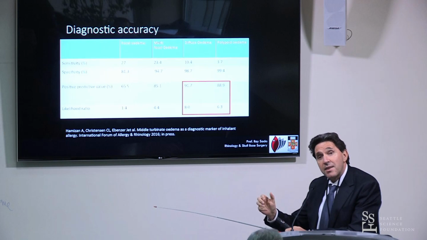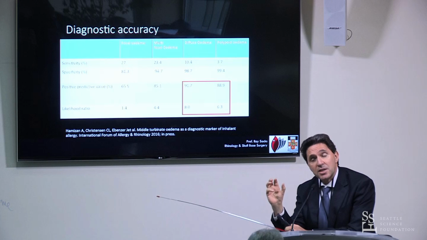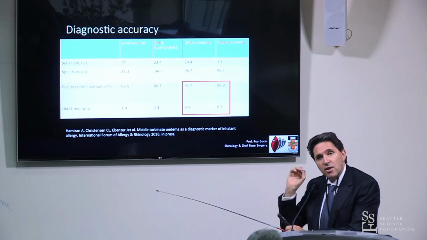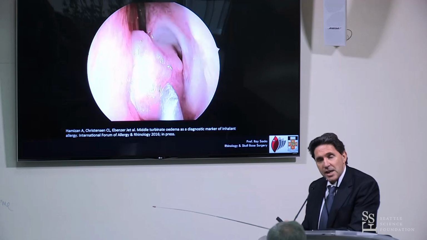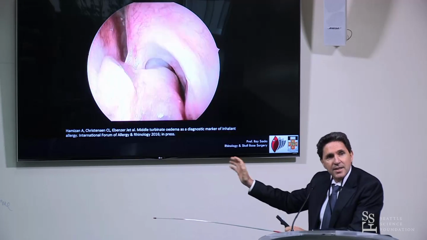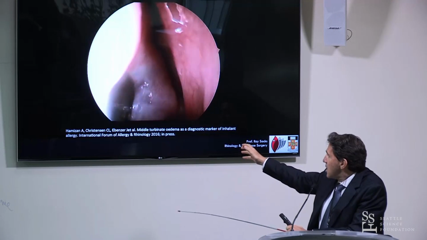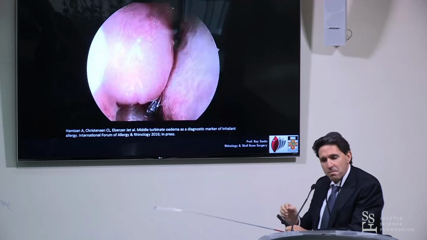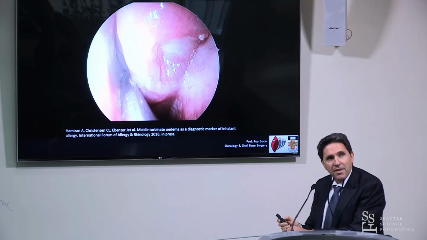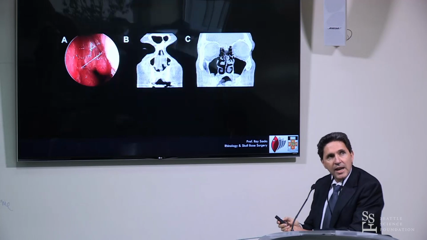It doesn't mean that if you don't have middle turbinate edema, there's not allergy. But if you do, it's got a very significant positive predictive value of allergy. And so this is a great case. This is an example here of a patient who looks like they've got extensive polyposis. This is pure, gross, middle turbinate edema. And the sinuses are absolutely clean and healthy.